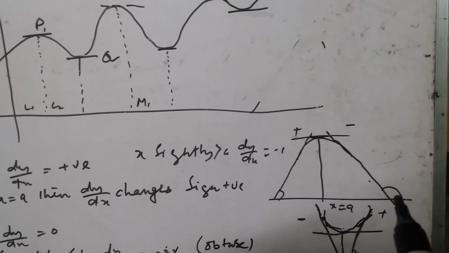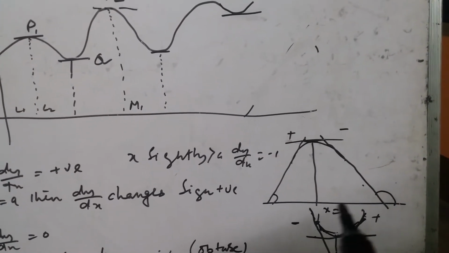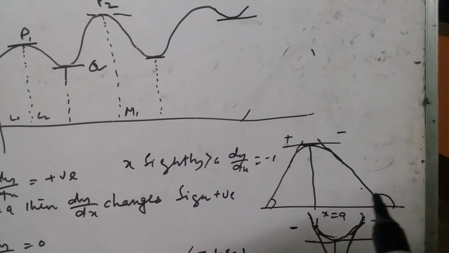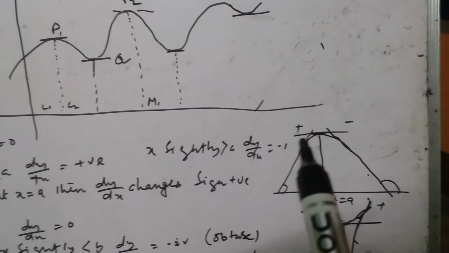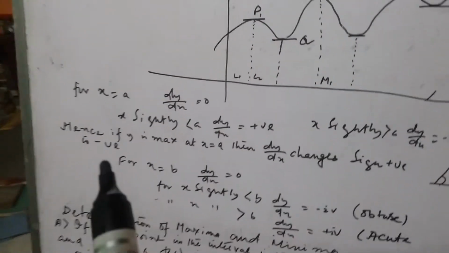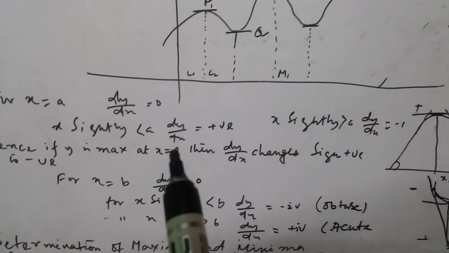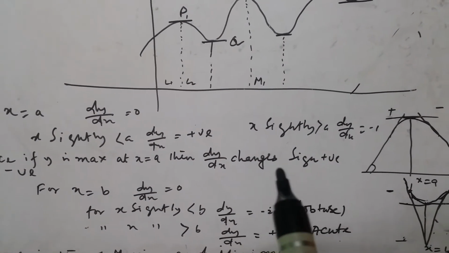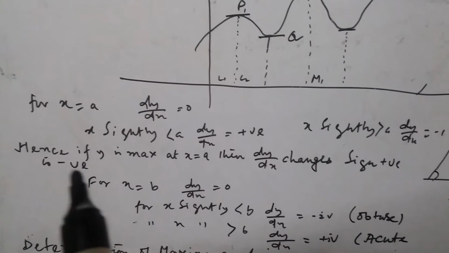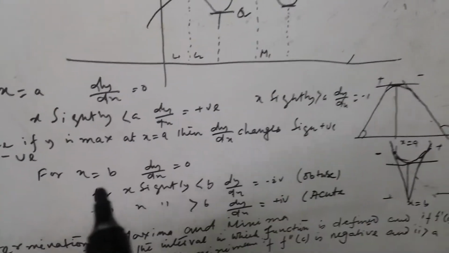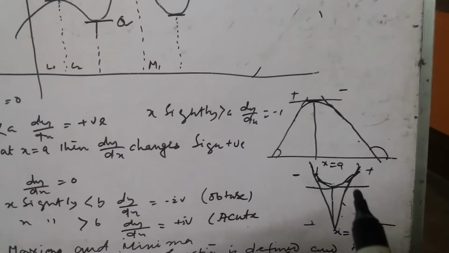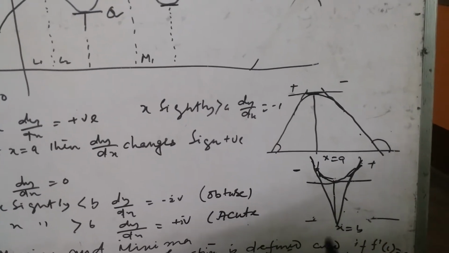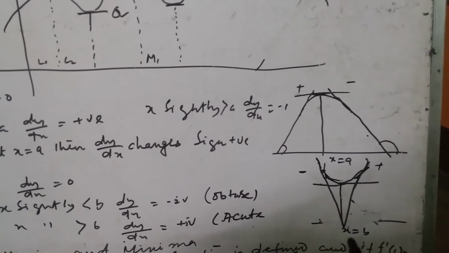If x is slightly greater than a, the tangent is an obtuse angle, so it is negative. Hence y is maximum at x equal to a, then dy by dx changes sign from positive to negative. For x equal to b, here you find that is a tangent, and that is a tangent.